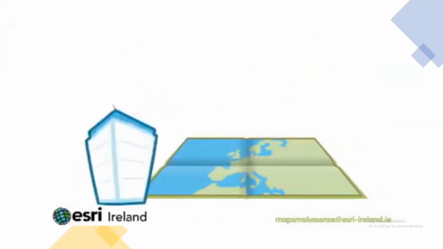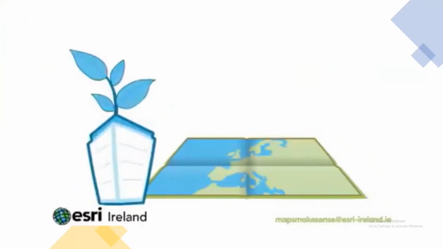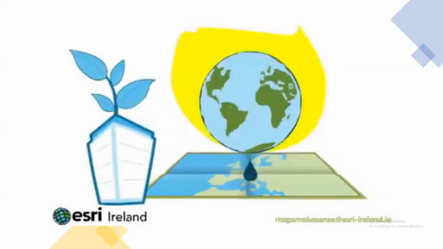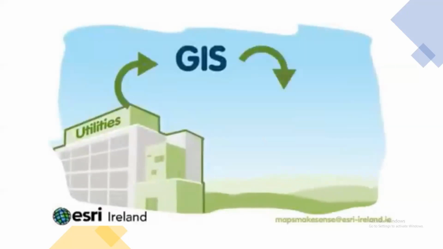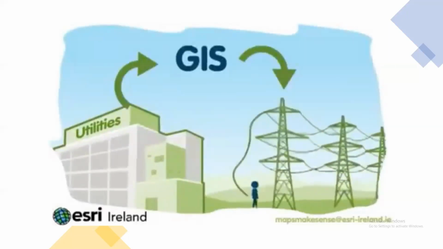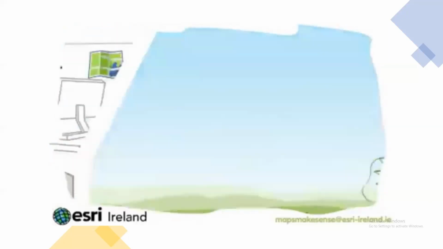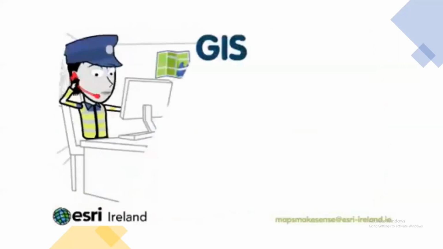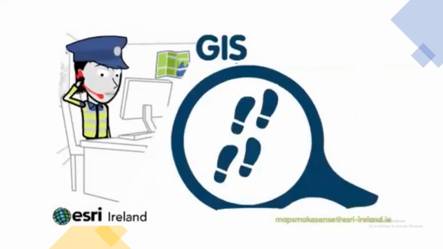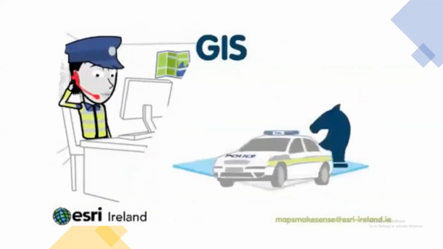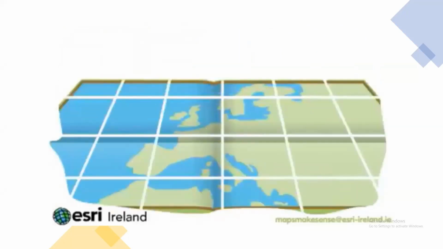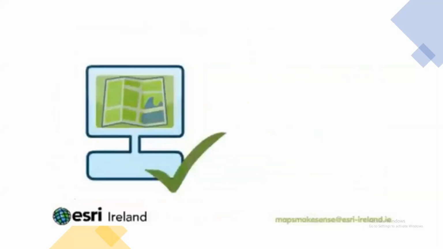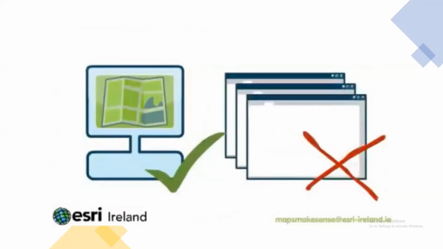GIS is used by conservation organisations to predict the likely consequences of global warming. Utilities organisations use GIS to respond promptly and efficiently to reported power outages. Police forces use GIS to discover patterns in criminal activity and plan operations much more strategically. Resulting patterns and trends can then be seen on a digital map, much easier than viewing the data on spreadsheets.